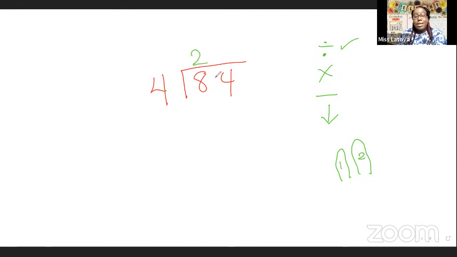What do we do next? We multiply. See? 4 2s are 8. Now we subtract. 8 take away 8 is 0. What's our next step? We bring down. We bring down what? The 4. And now we divide again.